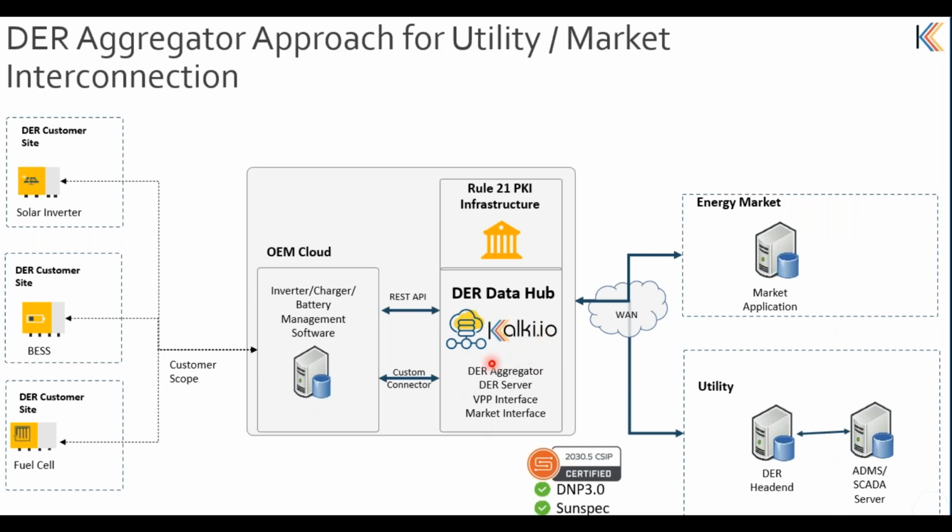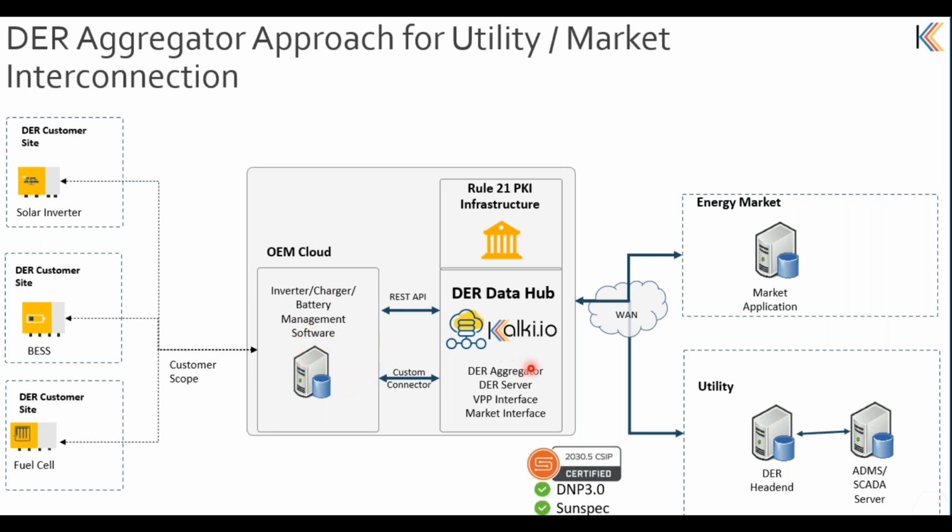And once Kalki Data Hub is available, there's an option to integrate with multiple applications as mentioned earlier. So multiple DER sites, be it solar, storage, or fuel cell, whatever it may be, can be connected with the OEM cloud on the native interfaces, whatever native interface is supported by the inverter management software.